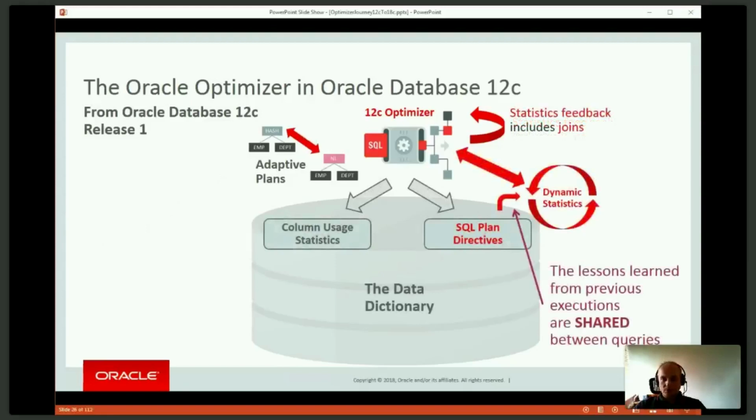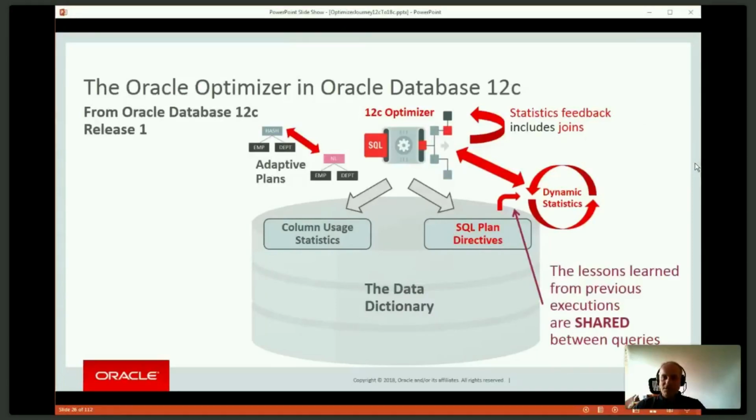Okay, next we have the concept of SQL plan directives. What that means is that in this feedback loop, if we do see cardinality misestimates, then we can create these objects or structures called SQL plan directives. I'll show you how to see those shortly, but the idea is that over time as queries execute, we will collect this metadata. This metadata is persisted to the data dictionary, shared between queries.